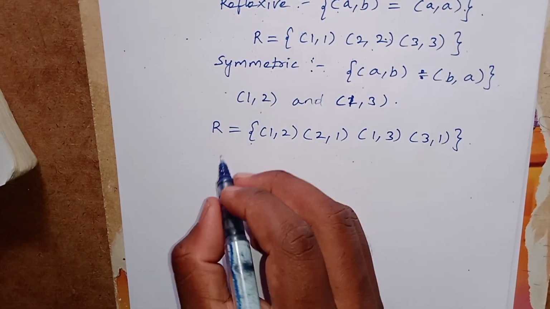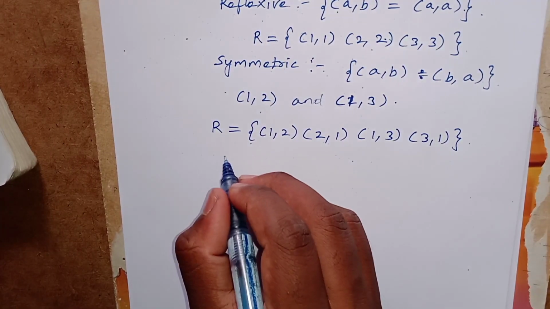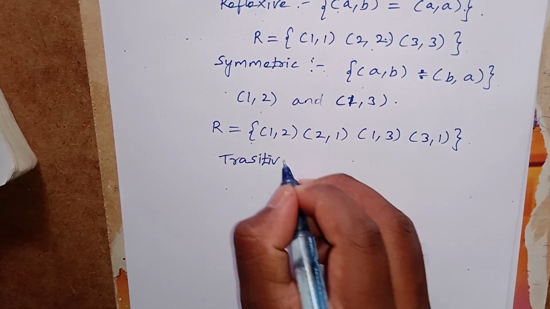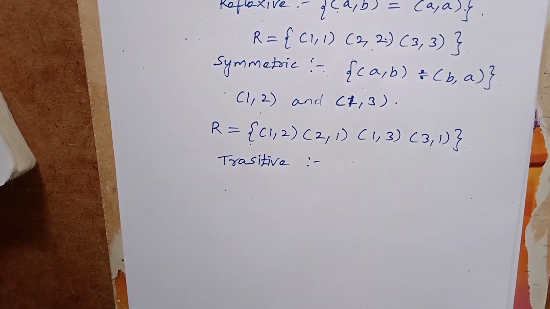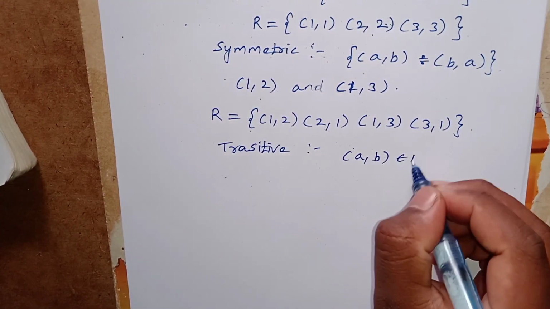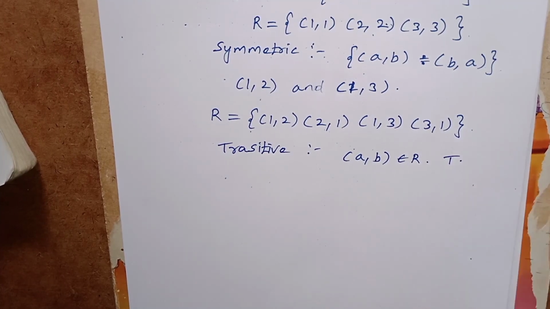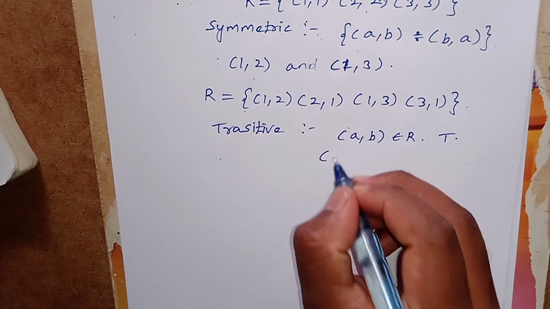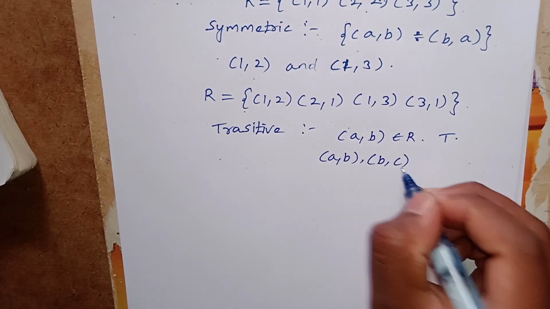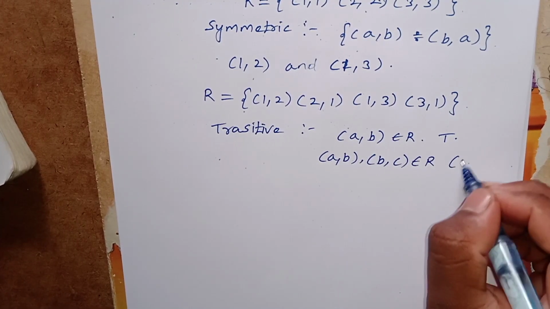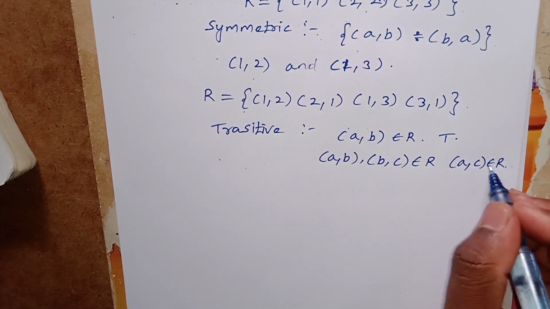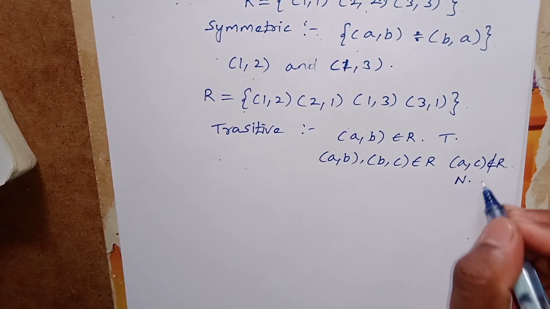Next, not transitive. For a transitive relation there are three cases. If (a, b), (b, c) belong to R but (a, c) does not belong to R, then it is not transitive.